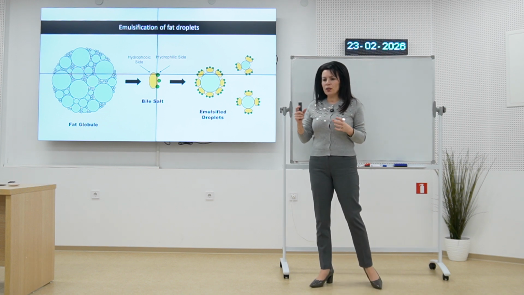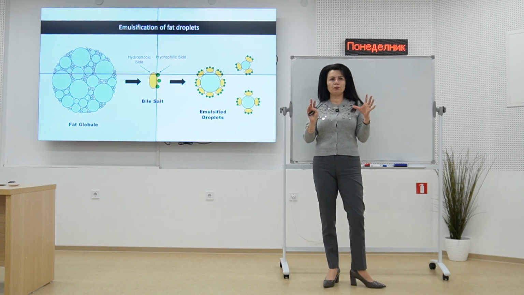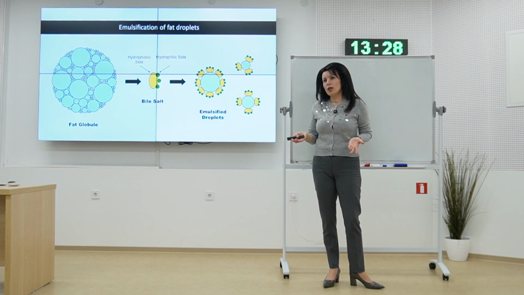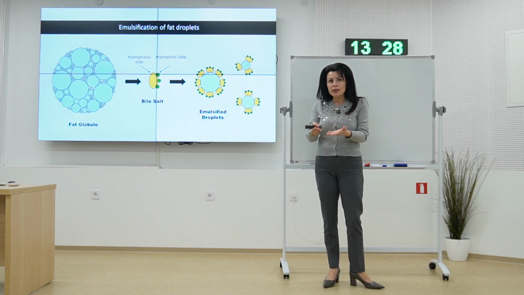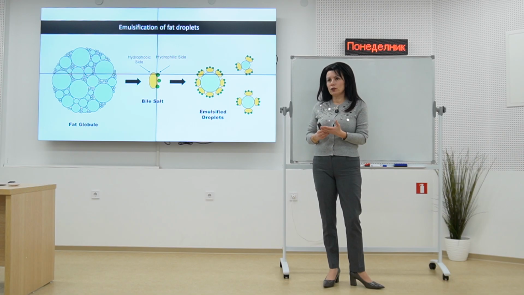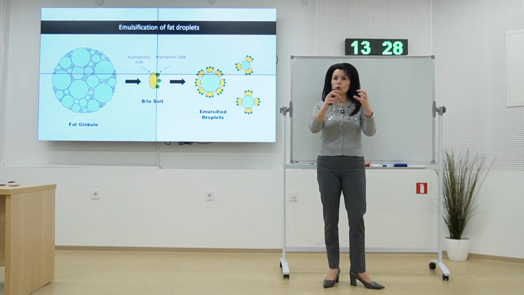Because in the fat globule there are many fats, especially the main fat, TAG, triacylglycerol. The main enzyme that we need right now is pancreatic lipase. But to start the process of the enzymatic reaction, we need to have close contact between enzyme and substrate.